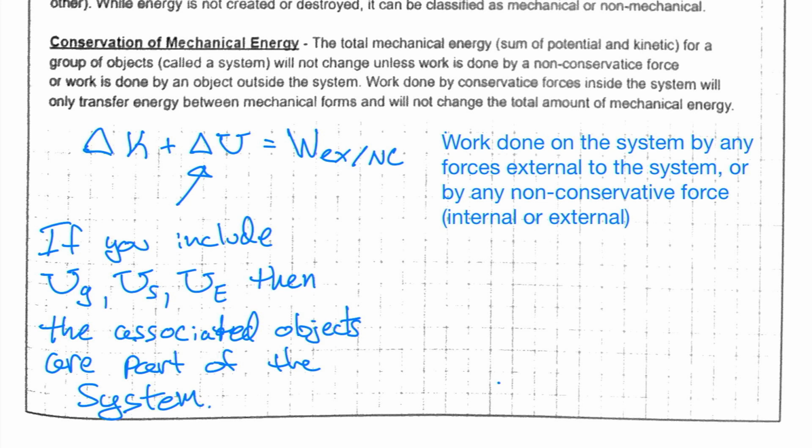So if you include a source of potential energy, you are implying that the object associated with that potential energy is part of the system. If I include gravitational energy, I am saying that the Earth is part of my system.